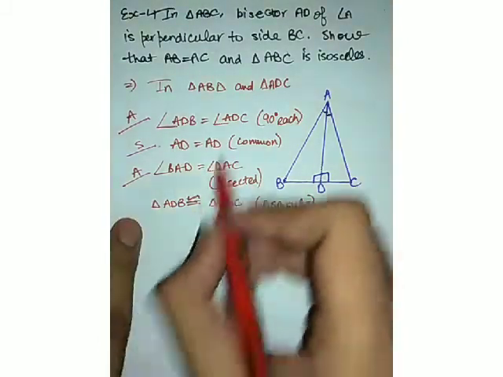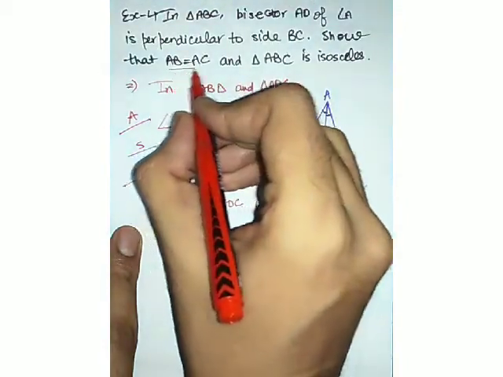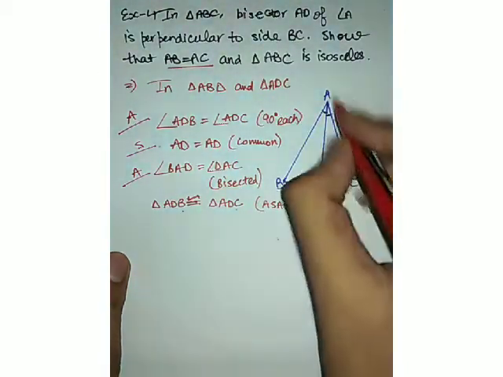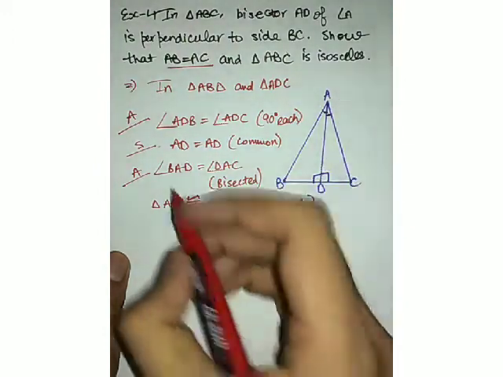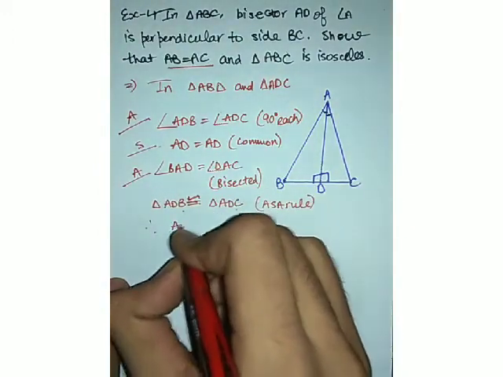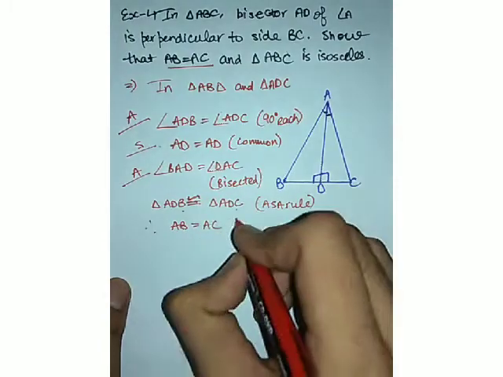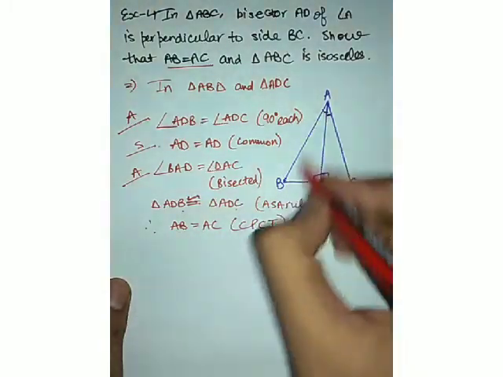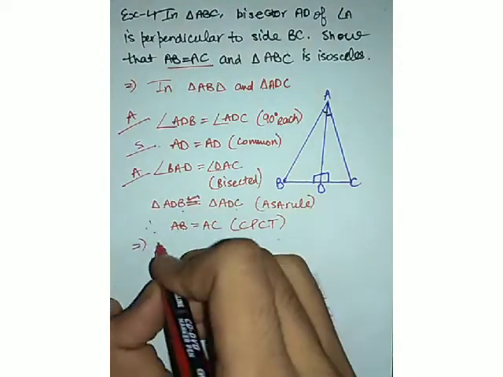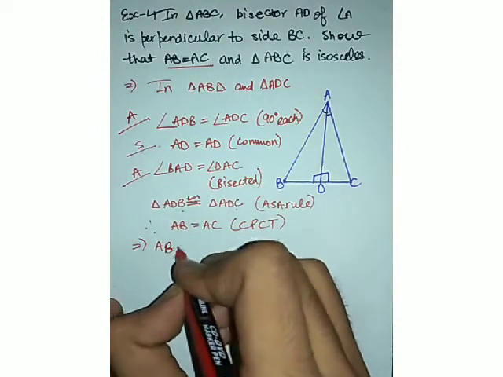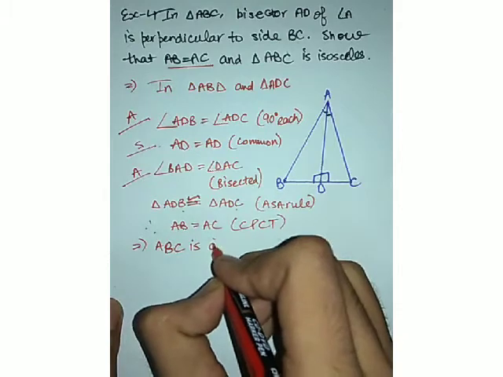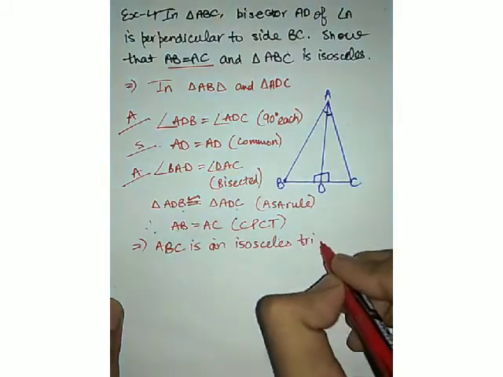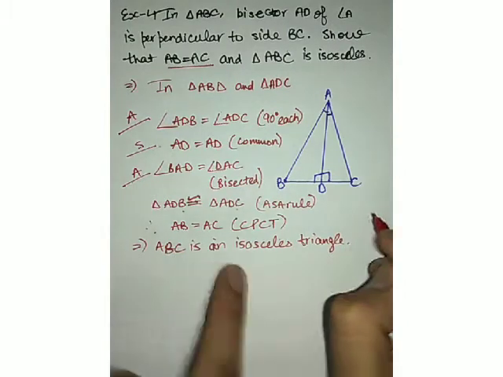Now after that we have to prove that AB is equal to AC. Again, these two triangles are congruent, so corresponding parts are also equal. Therefore AB is equal to AC using CPCT. Now AB is equal to AC, which means ABC is an isosceles triangle because two sides are equal to each other.